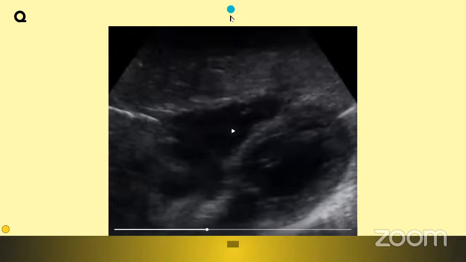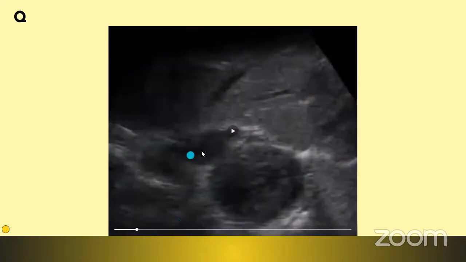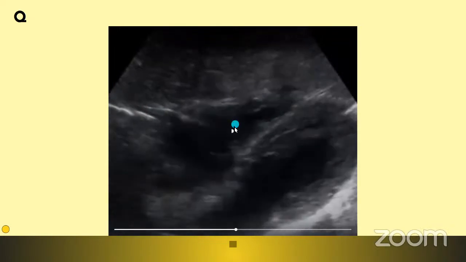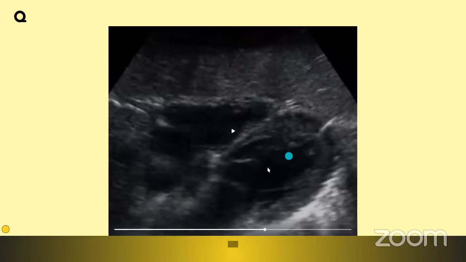So even if you're increasing the gain overall or increasing the gain in particular layers of the ultrasound images, you would need a lot of practice to differentiate between the acoustic impedances, right? So here I'm able to appreciate liver and some sinusoids I can see here.